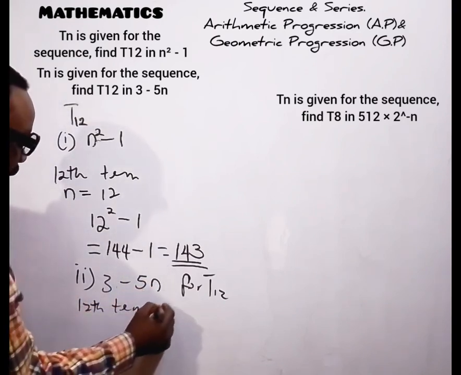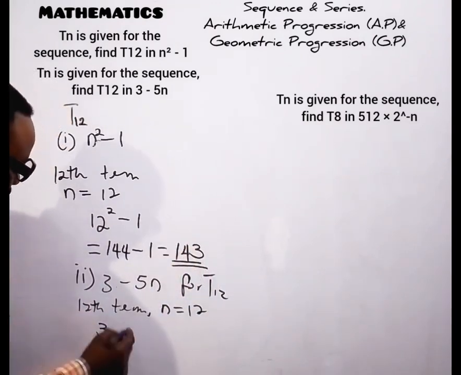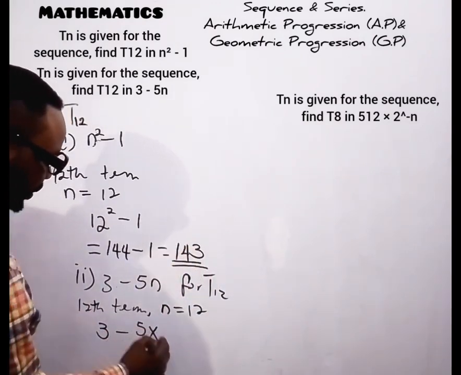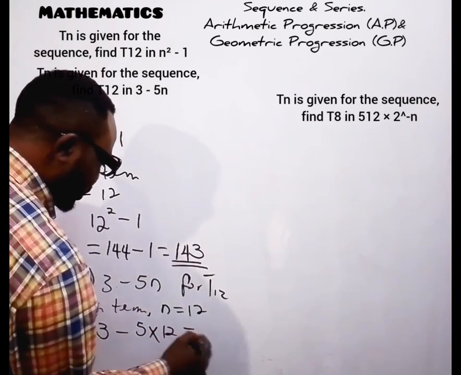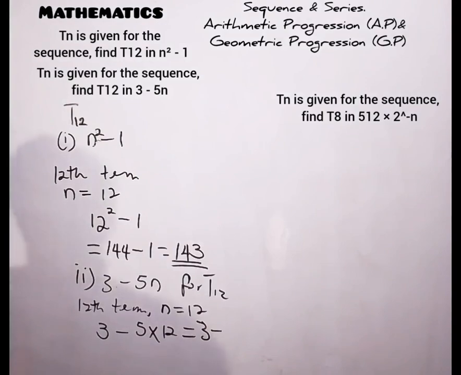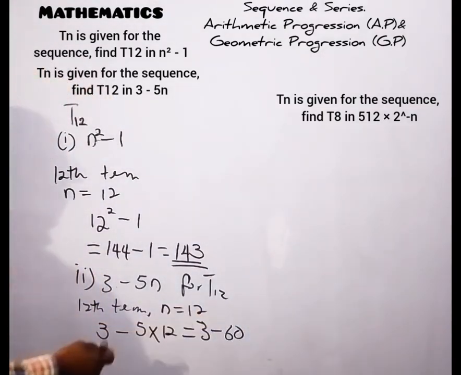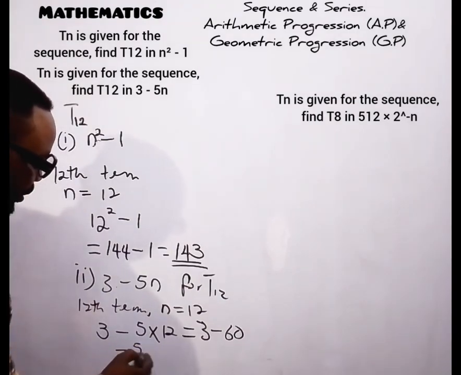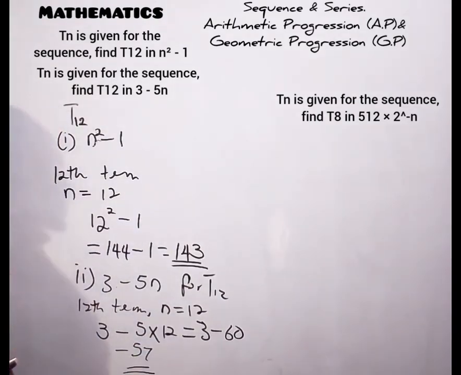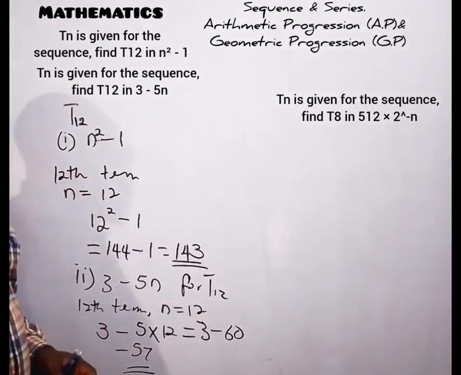Which means that here n is equal to 12. Here we are going to say 3 minus 5 multiplied by 12, which is going to give us 3 minus 60, since 5 multiplied by 12 gives us 60. So 3 minus 60 will give us minus 57. That is the answer to that question. That's how you solve such a question.